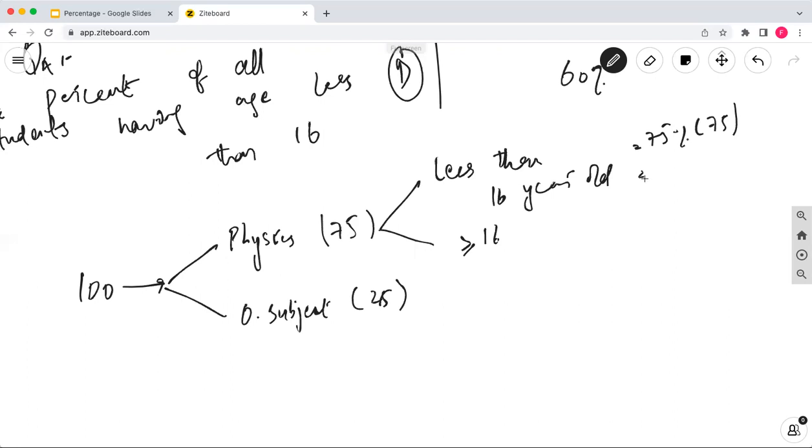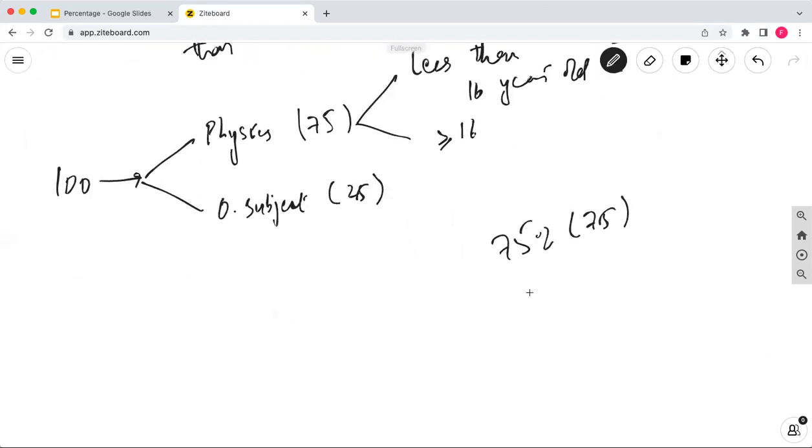How can you do this? Approximate this. We have 75% of 75. So what is 75%? That is 3 by 4 of 75. So what is the close multiple of 4 less than or greater than 75? 76.